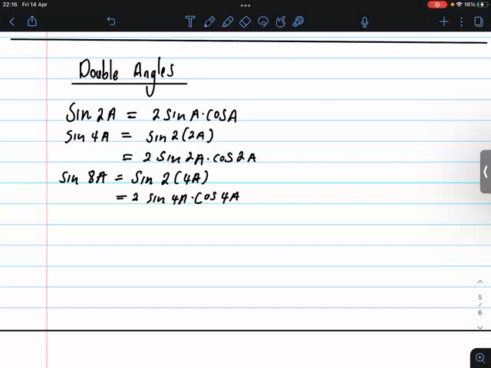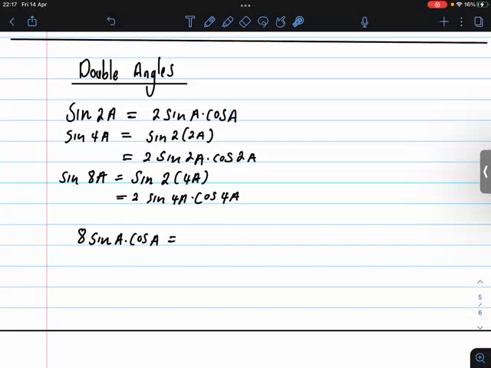Let's work backwards now. 8 sine A cos A. The moment you see sine A cos A, you must always think about 2 sine A cos A, but then you want to always reference back to what the original one says. Do you see that?